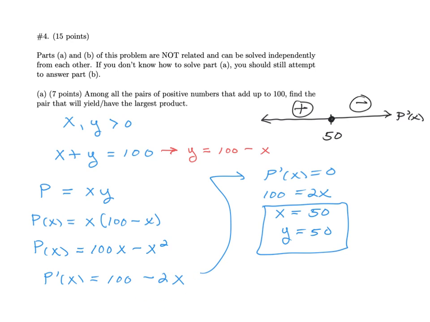Does this mean that we actually do have a largest or max value at 50? And it does. The original function is increasing and then decreasing, meaning there is a max at 50. So this is definitely the location of a max, and that's on the original function p of x. And therefore, we found two numbers that actually maximize this product function.